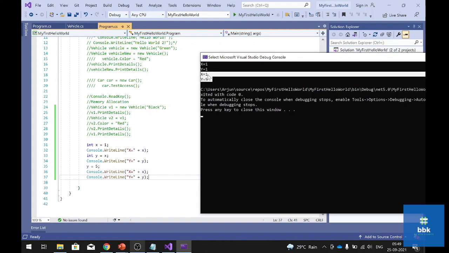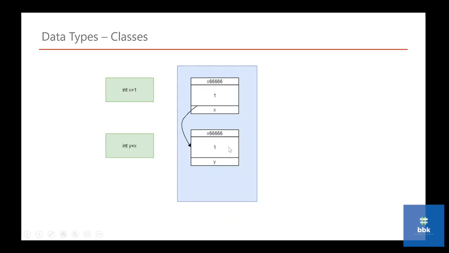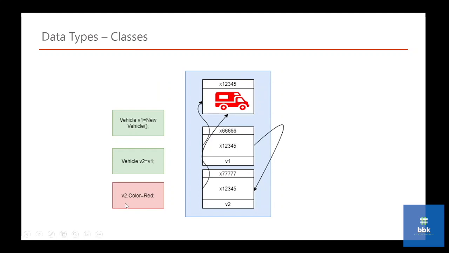So x is still 1 and y is 5. Since y is not a reference type, it just replaced its value with 5. So x and y are totally different and unrelated, unlike the last example where changing v2's color actually changed the color of v1, because they were essentially the same object reference for both these variables.